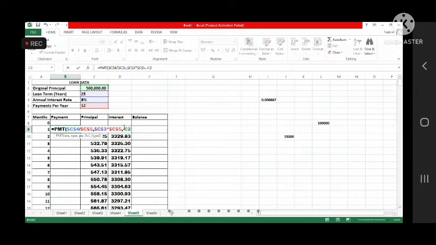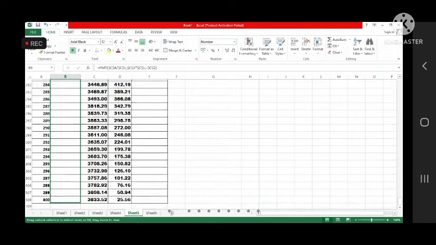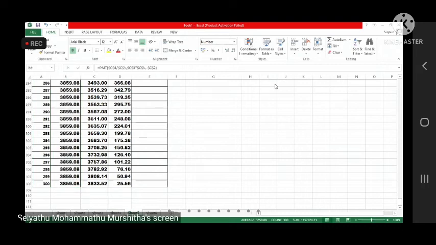Then comma, principal amount. For the principal amount, in front of it we have to put minus. Again, we have to absolute the principal amount, then close the bracket, then enter. Now we have to break this one up to 300 months. Okay, understood now? Yes, ma'am.